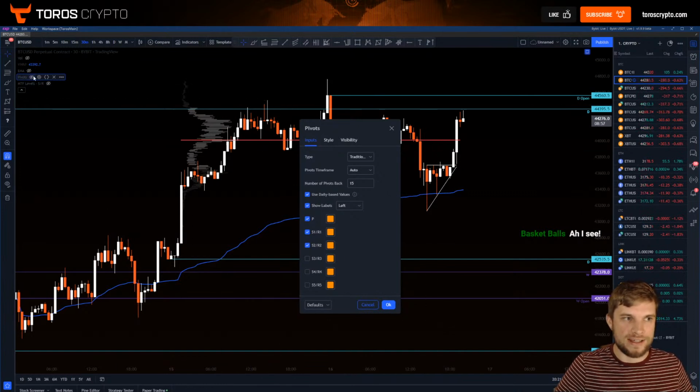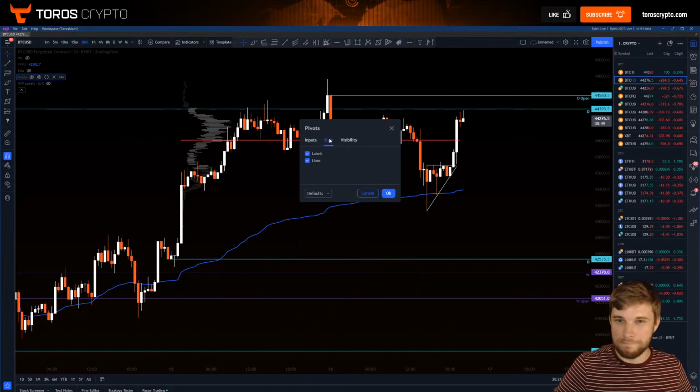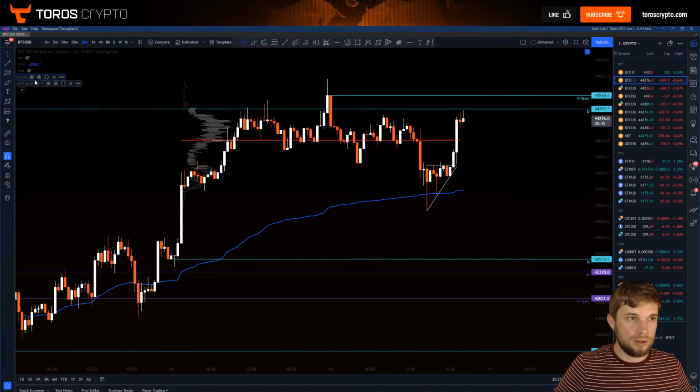So they are there as an indicator I can pull up, and it's the standard trading room pivots. I have it on traditional. They just put silly lines on my chart.